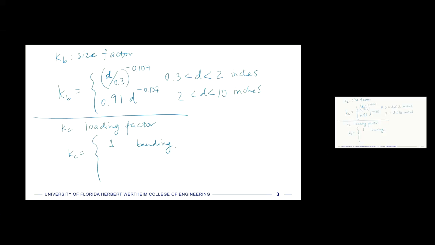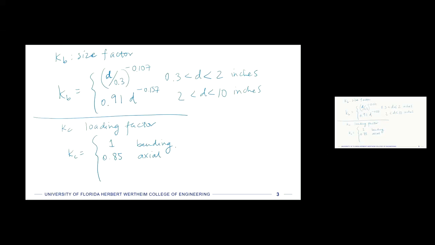Okay? And this is because the curves that were first generated that we always are going to go back to, these SN curves, were generated in a rotating bending test. So we don't have any change from that. If people do the same experiment with other types of loading, let's say pure axial loading, then the endurance limit in bending is found to be about 15% lower.